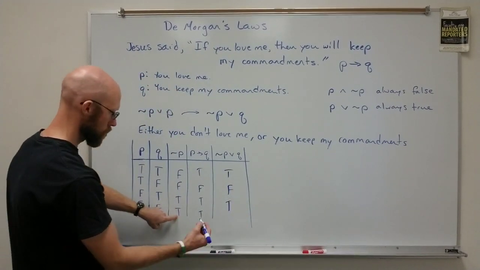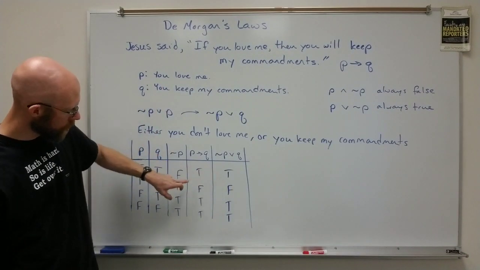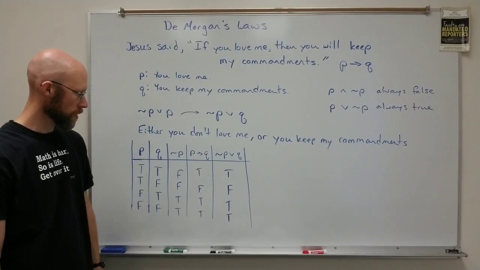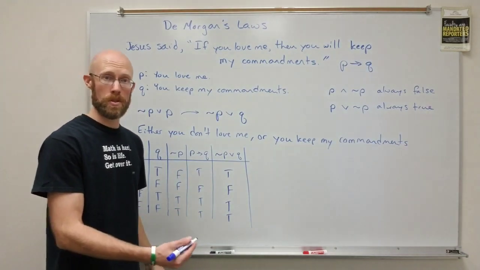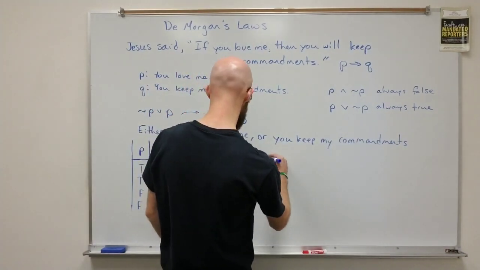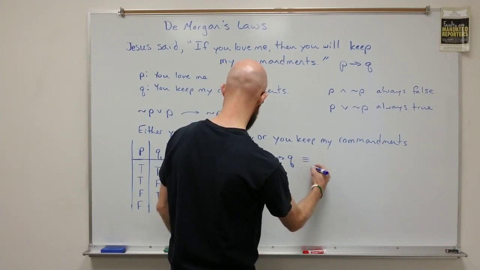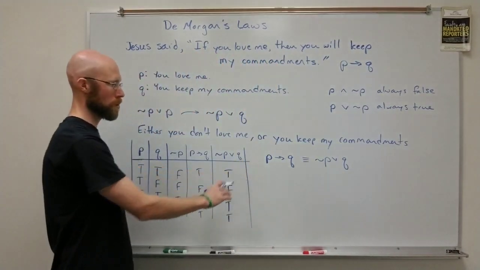And here one's true, so it must be true. And so you can see that we pair these up, and the two columns there, the truth values, are all the same. And so we would say then that if P then Q is equivalent to not P or Q. That's going to be important.